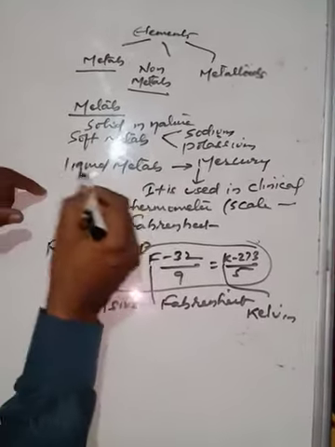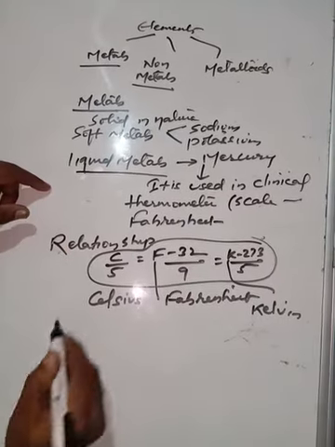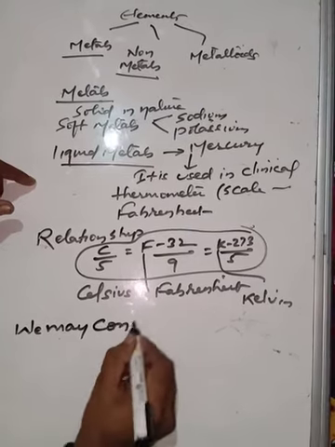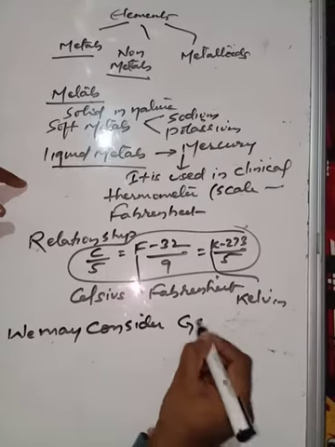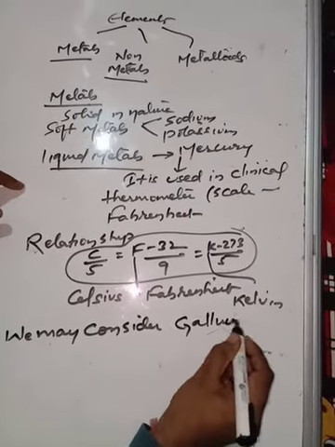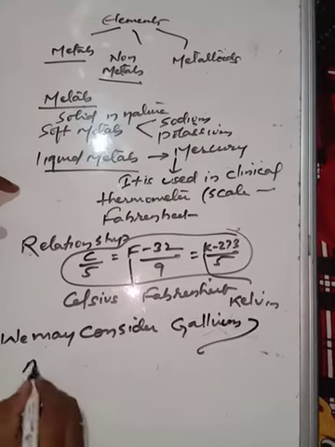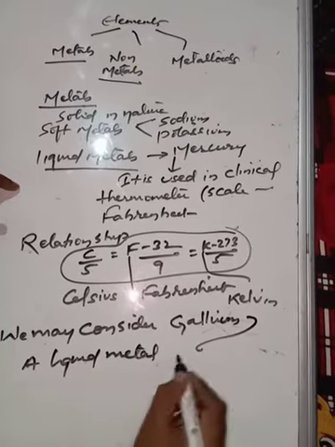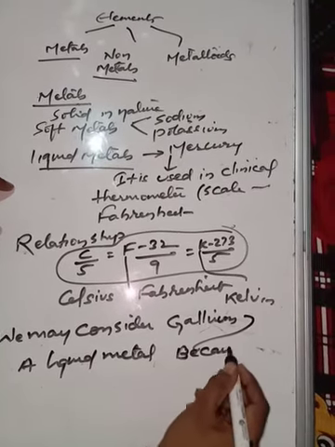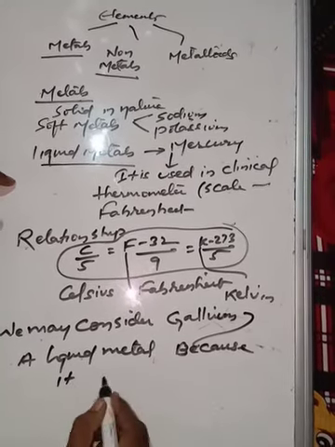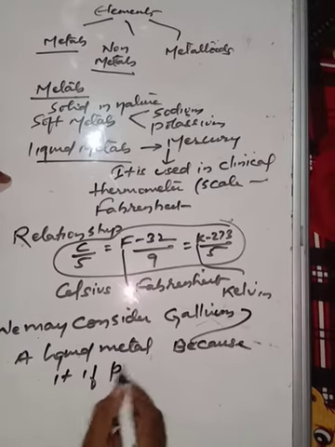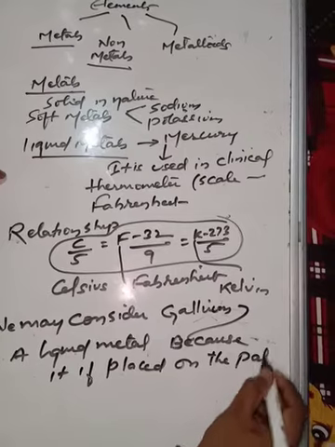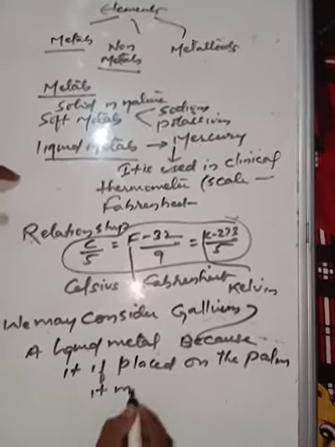So again, in liquid metals, we may consider gallium, a liquid metal, because if placed on the palm, it melts.